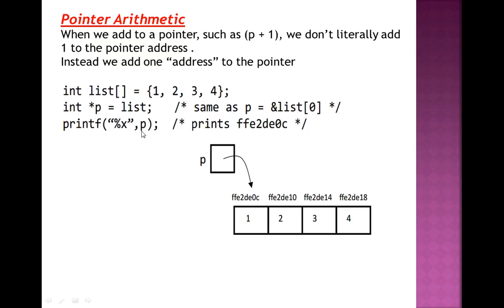Then printf the values of p. This is how we can printf the values of p, at the 1st location, 2nd location, 3rd location, then 4th location.